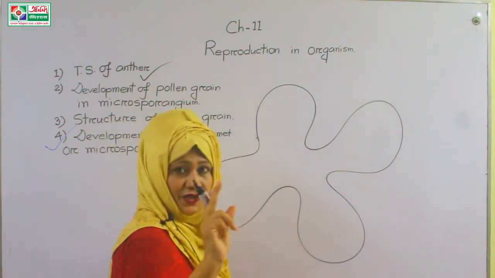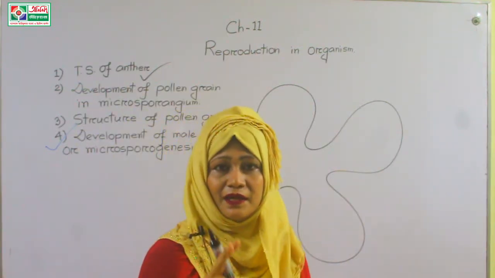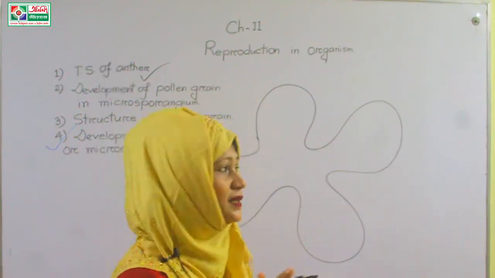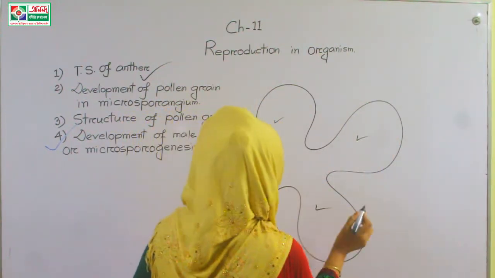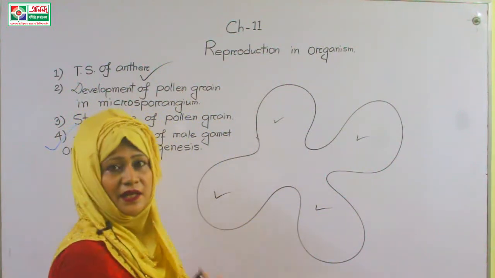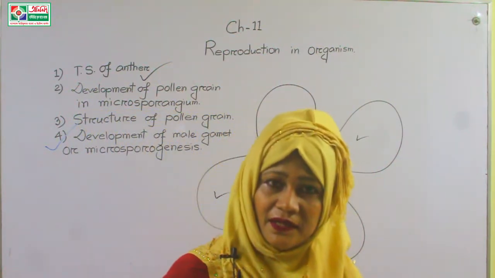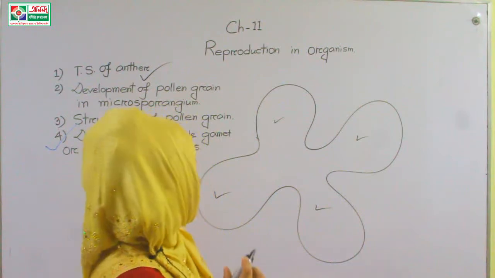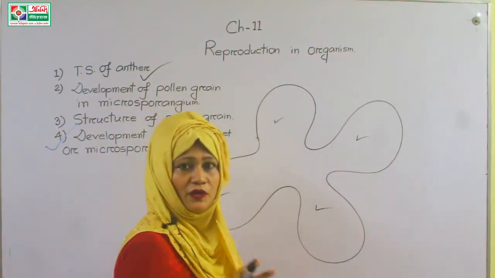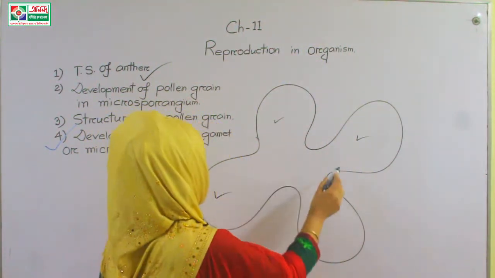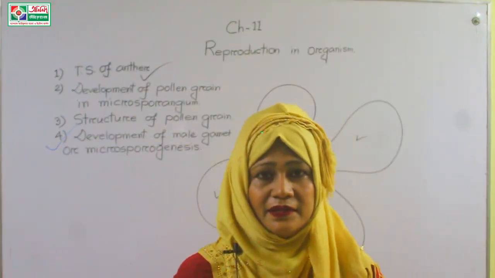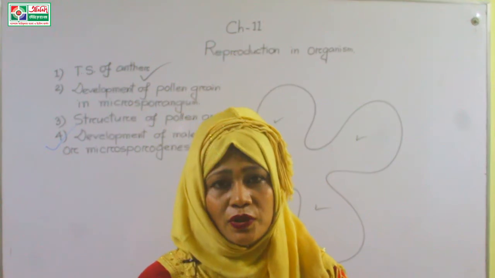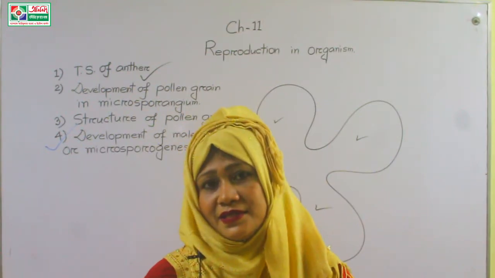And in each lobe there are 2 theca: 1 theca, 2 theca, 3 theca and 4 theca. In each lobe 2 theca, so it is dithecous, and in total there are 4 thecas. So an anther has 2 lobes and it is dithecous.